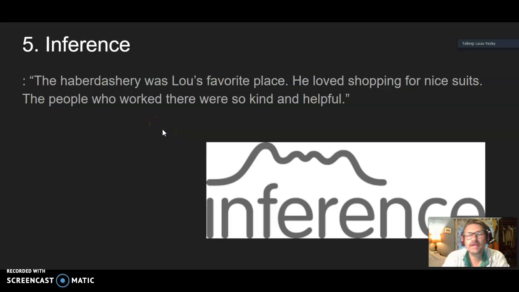And then finally, an inference. So sometimes you can just put together the clues and try to figure out what it is. You can infer. So the haberdashery was Lou's favorite place. He loved shopping for nice suits. The people who worked there were so kind and helpful. All right, so we know that in a haberdashery, people shop for suits and people work there.